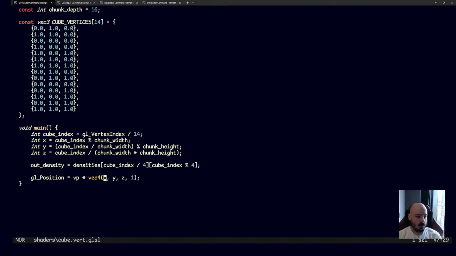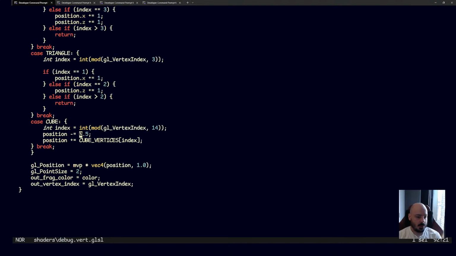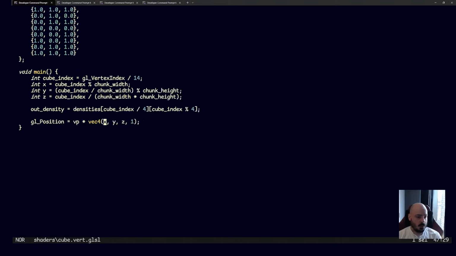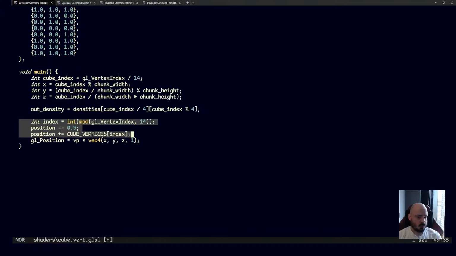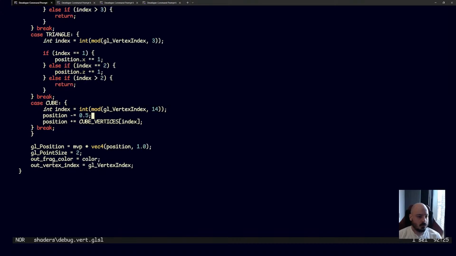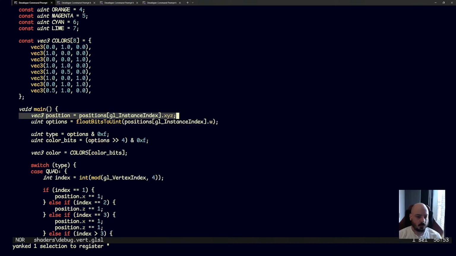That might work, although the out position is going to be different. So we're going to need this. This would be cube index, right? No, this would be, yeah, vertex index mod 14. That's fine. And then this would be position here. Oh, we're using instances, right? That's right.